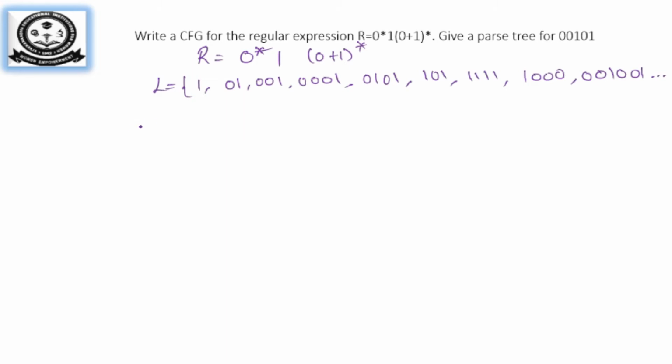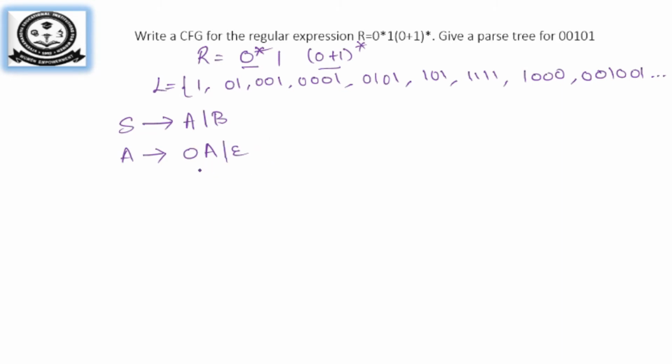First thing is, we know that it is not having epsilon. So let me take one part. We have this one and this one. We will take it as a separate equation. So 1 is a must. So S tends to A1B, with the first part as A and the second part as B. Now what does A tend to? A can be only multiple zeros, so you will have 0A, and A can be epsilon.